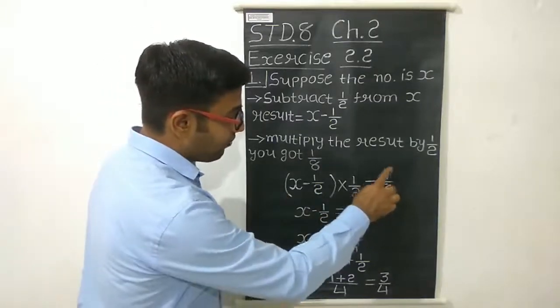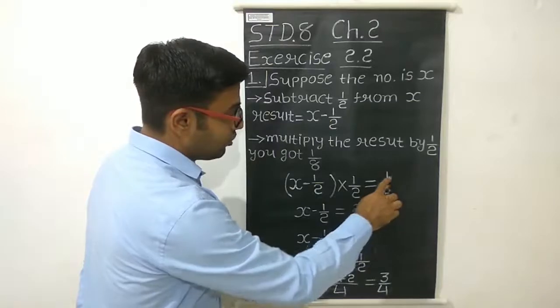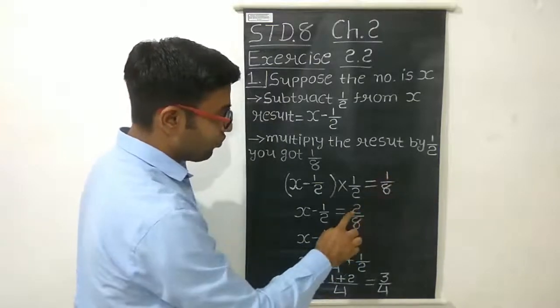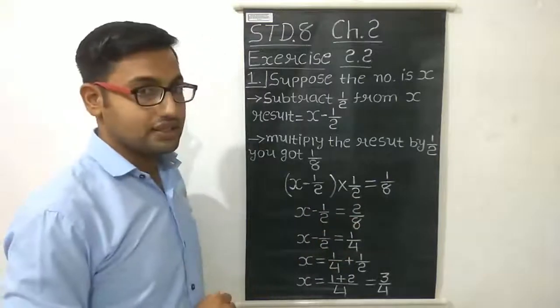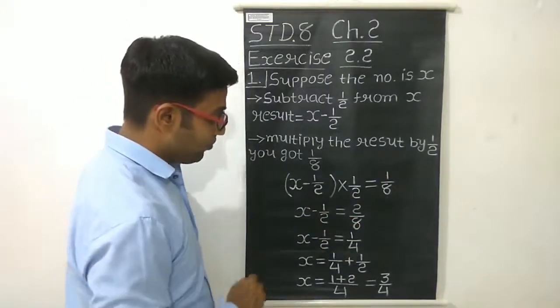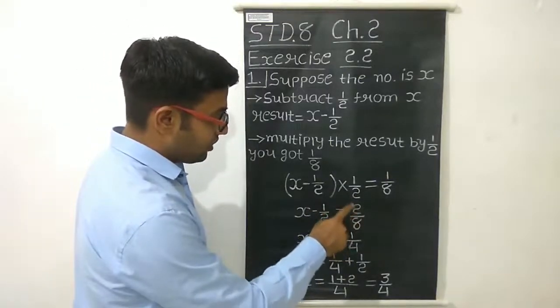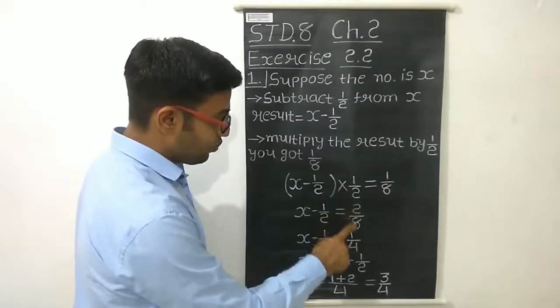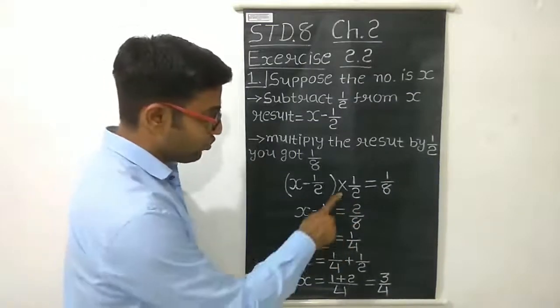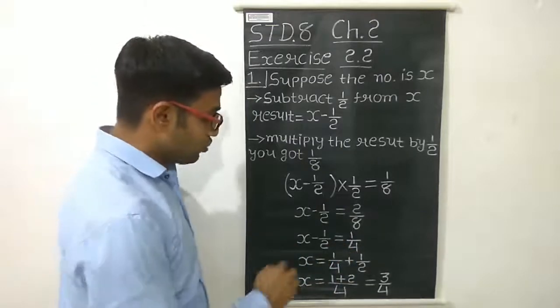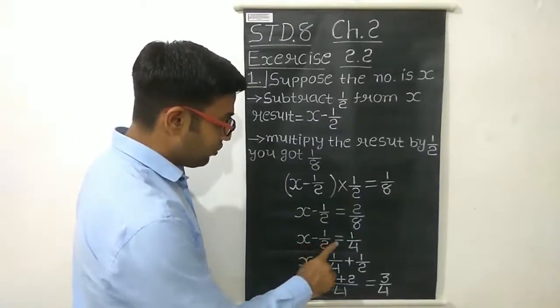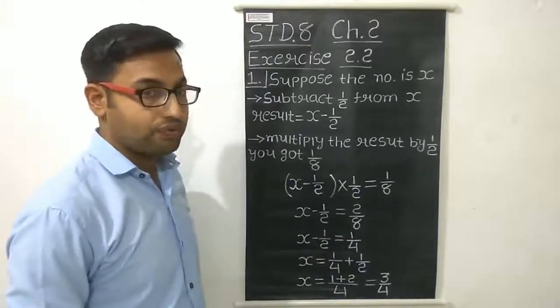And on this side, if we multiply with 2 in the numerator, then 2 ones are 2, we get 2 in the numerator, and the denominator remains as it is. Now we can cancel out the common factor. 2 ones are 2 and 4 twos are 8. So 2 will cancel out. Only 1 upon 4 remains. So we get x minus 1 by 2 is equal to 1 upon 4.